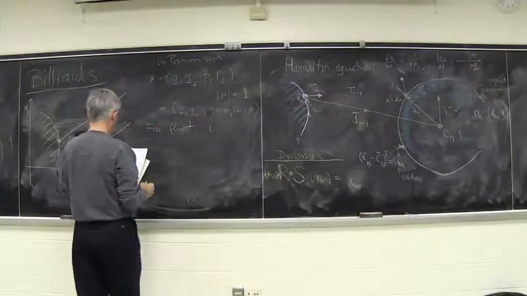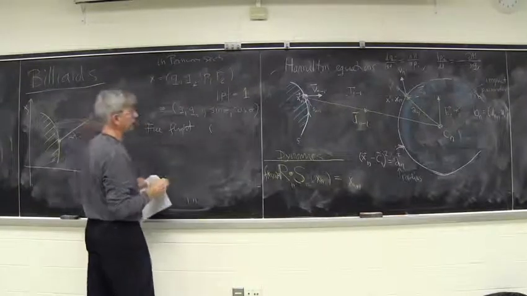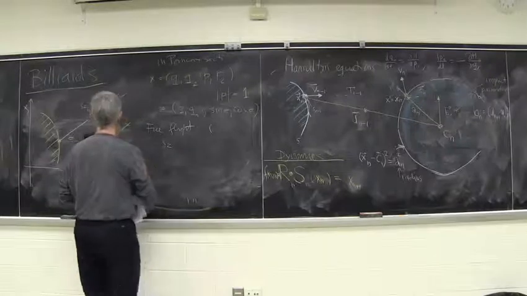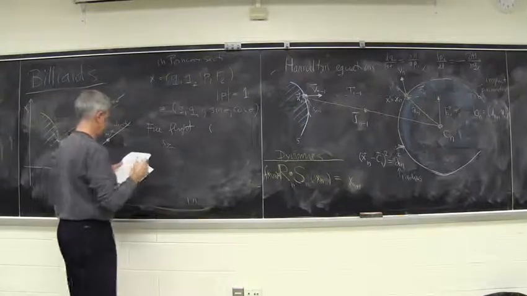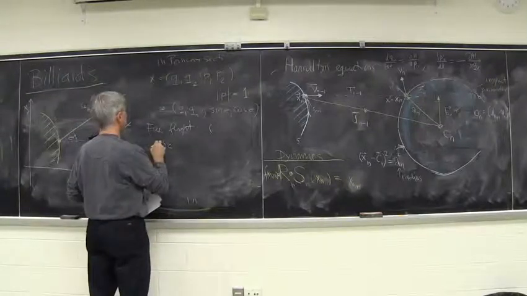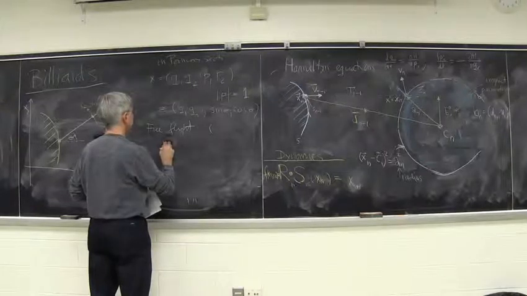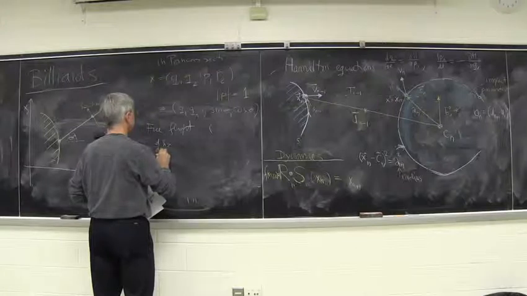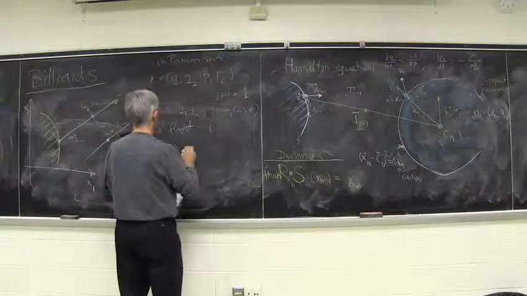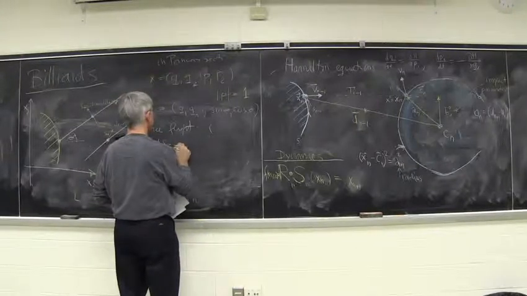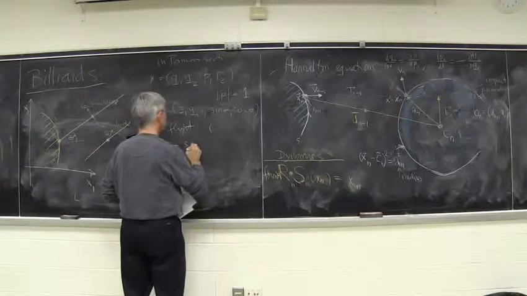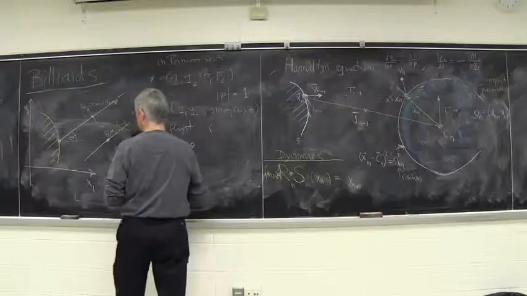So in free flight, Hamilton equations are very simple. dz, this transverse coordinate, is just proportional to the momentum change.